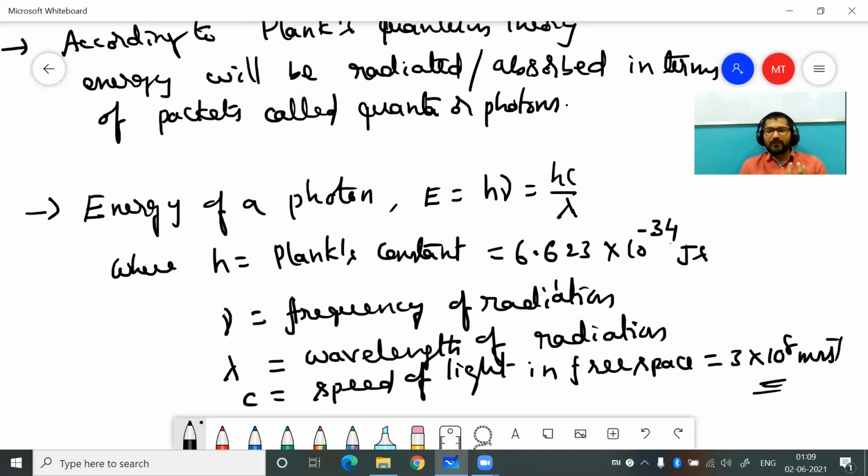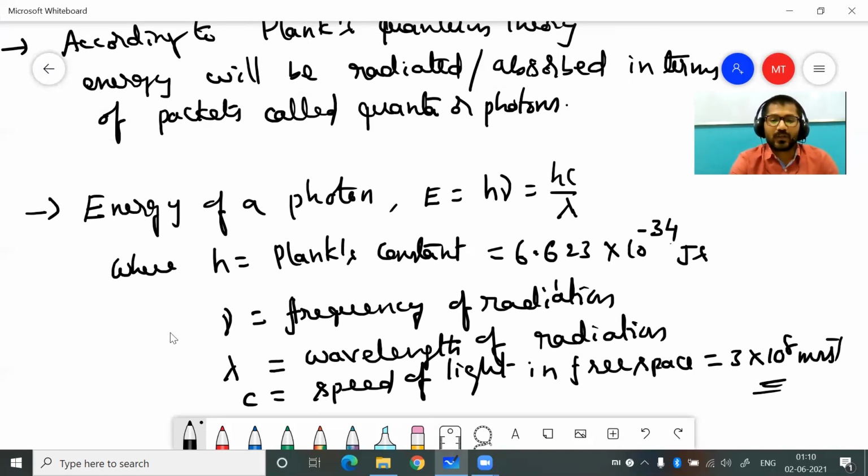By making use of this point of Planck's quantum theory, Bohr proposed the postulates of the atomic model called Bohr's atom model or Bohr's model of hydrogen atom. Let us see briefly what those postulates are.